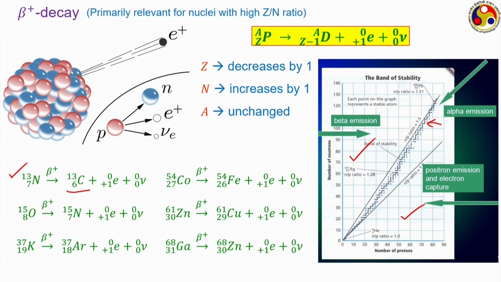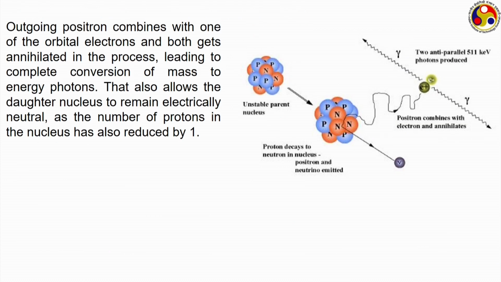So, the total number of nucleons remains 13 and the positron has come out, but in the outer orbits we are still having 7 electrons, and if this electron stays there, that will make the entire atom electrically negative. But the positron, which carries a positive charge, is coming out. So, the positron generally collides with the orbital electrons, and both the orbital electron and the positron emitted by the nucleus get annihilated by the process, leading to complete conversion of mass to energy.